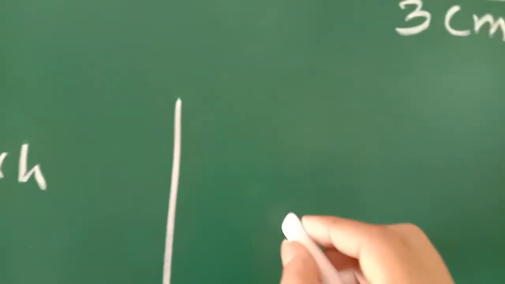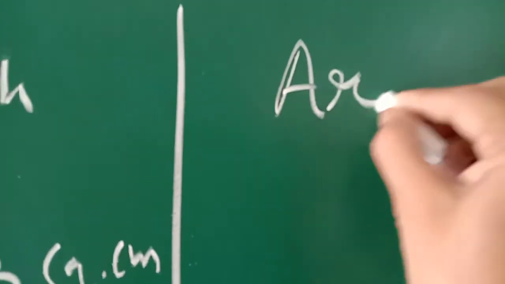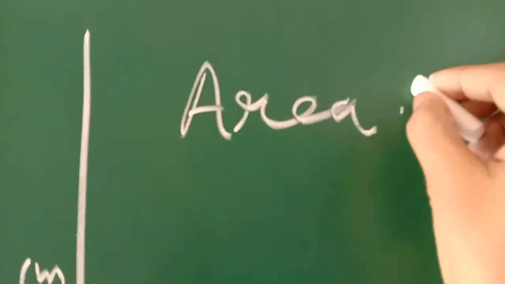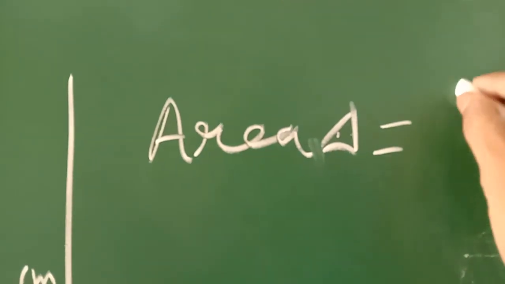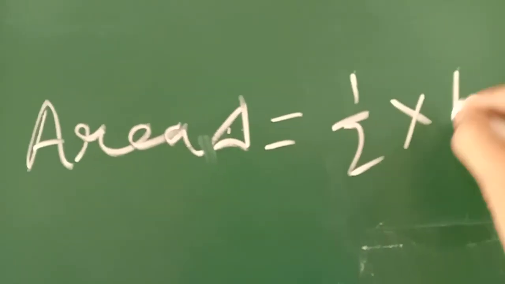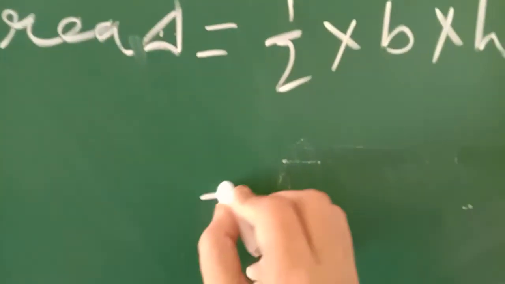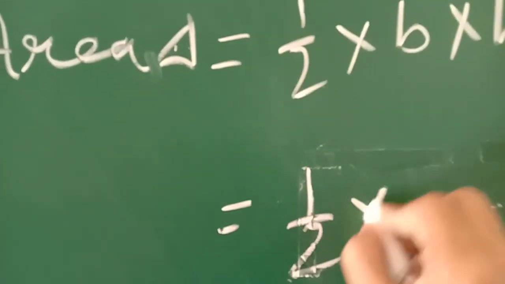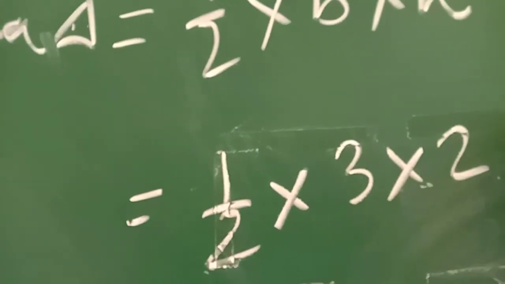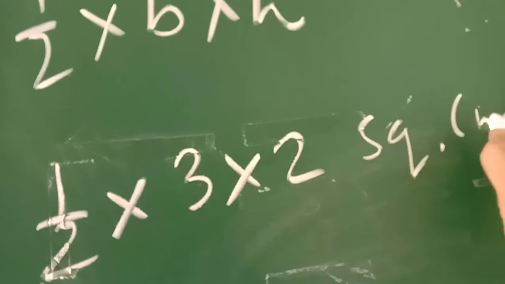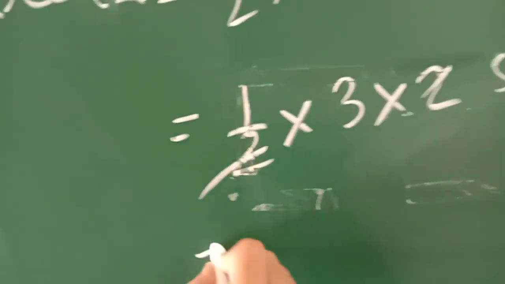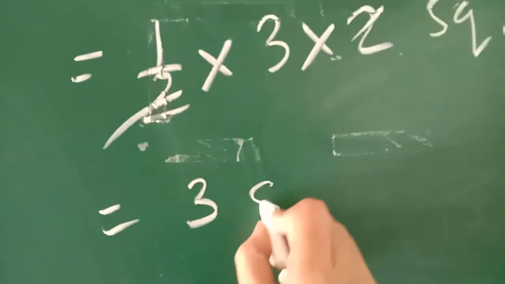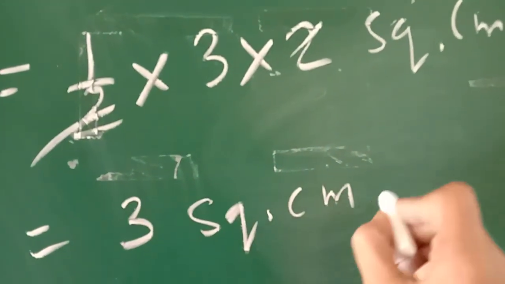So in the same way, you will find the area of the triangle. This is the symbol of triangle. Area of triangle is half into base into height, half into 3 into 2 square centimeter. Again the unit is centimeter here, so it will be square centimeter. Now the 2 cancelled out, it will be 3 square centimeter.